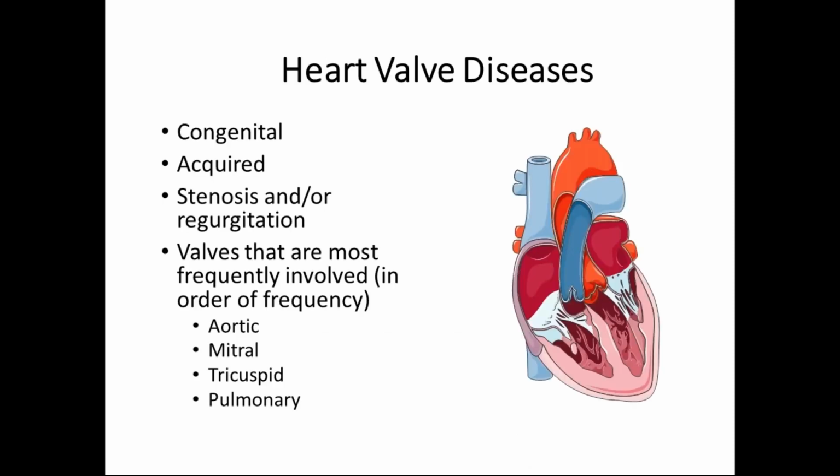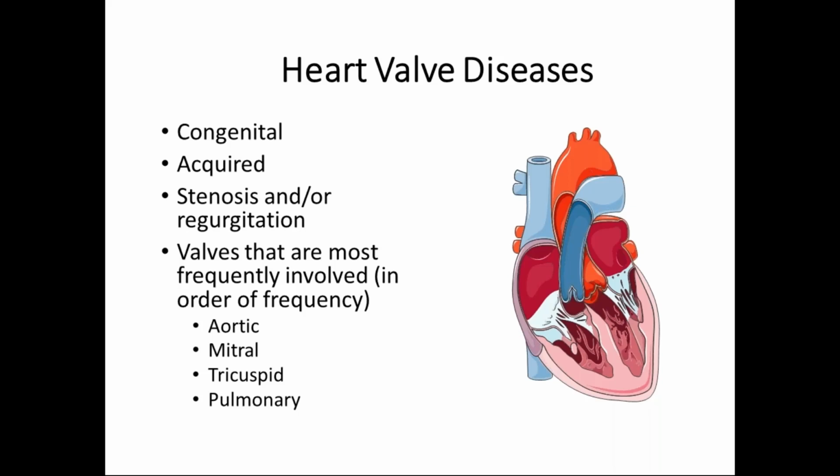Okay, let's start with some basic facts about heart valve disorder. There are 4 heart valves: 2 on the right side, the tricuspid and the pulmonary, and 2 on the left side, the mitral and the aortic valve.